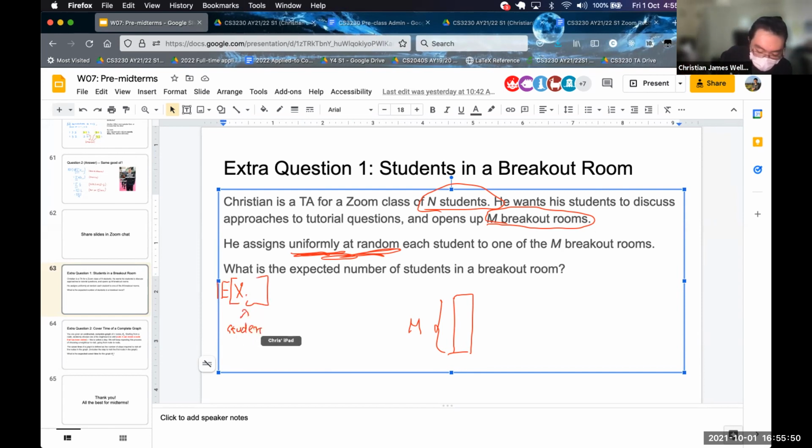The expectation is 1 over M, because the student can be uniformly distributed across all the M breakout rooms. It can be over here, or over here, and so on. 1 over M. And then I have N students.